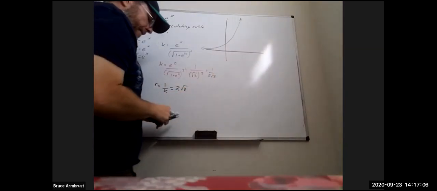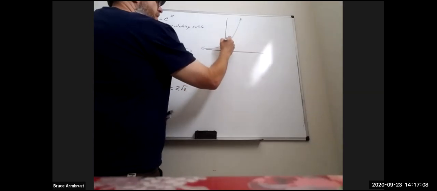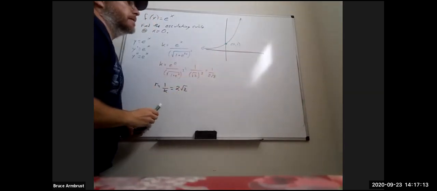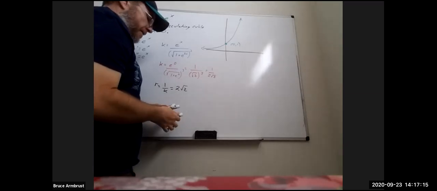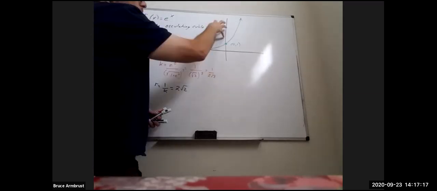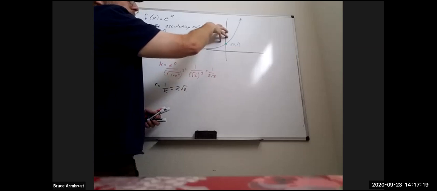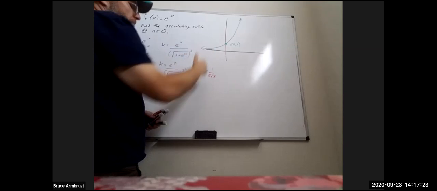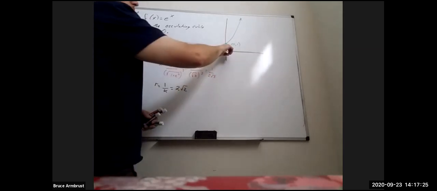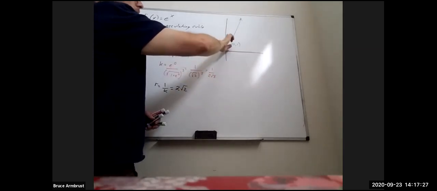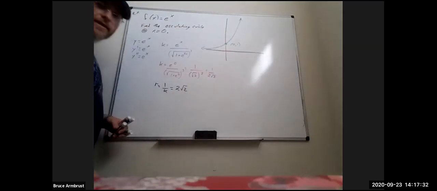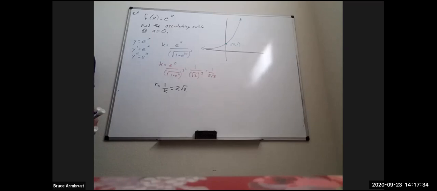We are at x equals 0, so that's this point right here, (0, 1). And we're trying to find the circle of best fit. So we already know that it's going to be up in here, up and to the left. We know its radius is now 2 root 2, so I'm going to go 2 root 2 away from this. I just need to know which direction. And that's where we're going to make use of N.